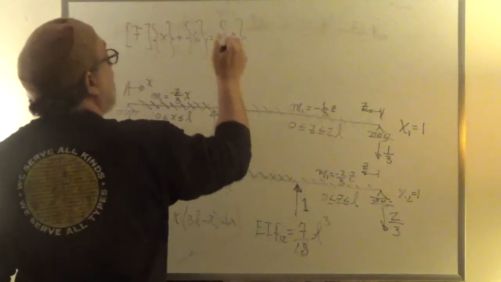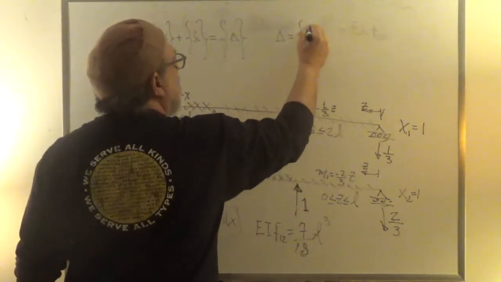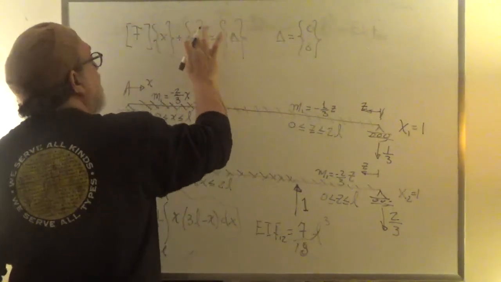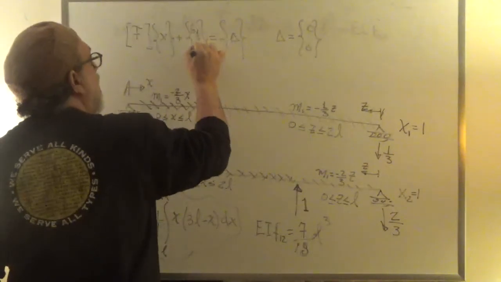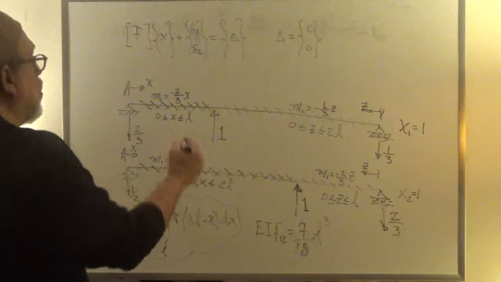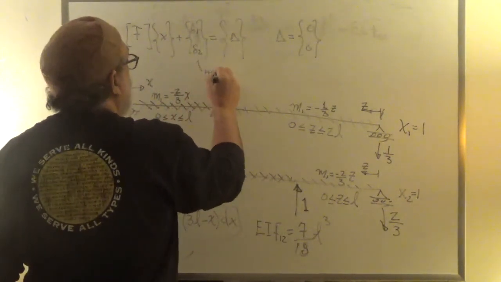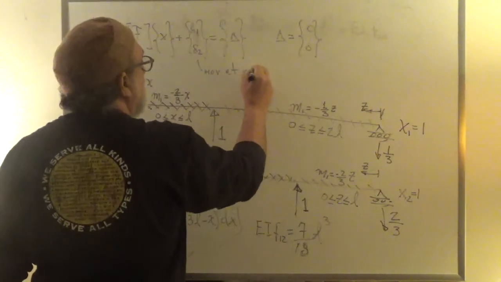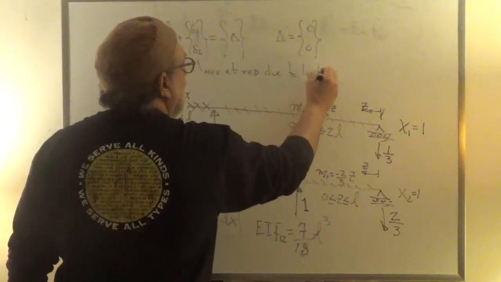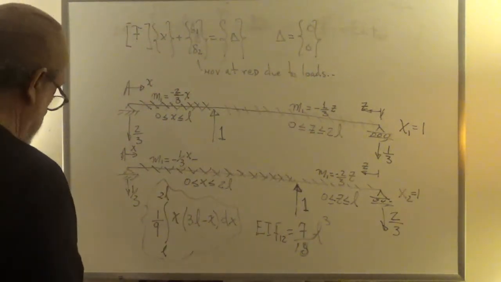Our final movement of our redundant is 0, so we are working with the case delta is equal to 0, right? What we are missing now in this problem is just simply delta 1 and delta 2, little ones, which is the movement at the location of the redundant due to the loads, right? Movements at the redundant due to loads.